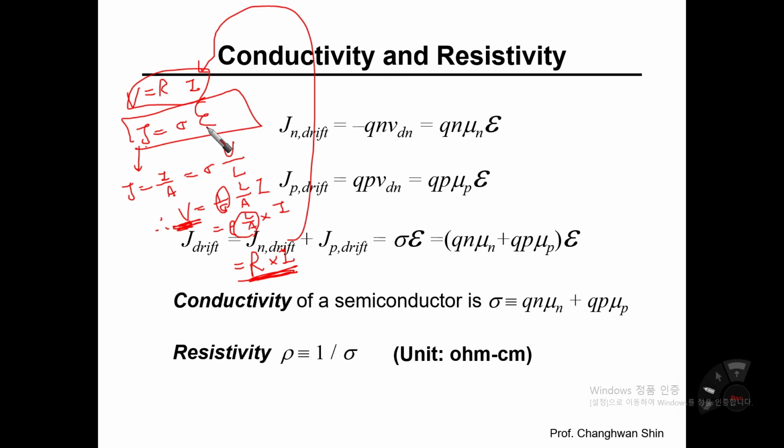Okay, and what are the specified terms for sigma? Doping concentration or carrier concentration N and P, and mobility values for each carrier. Okay, so J is sigma E. Remember this equation.